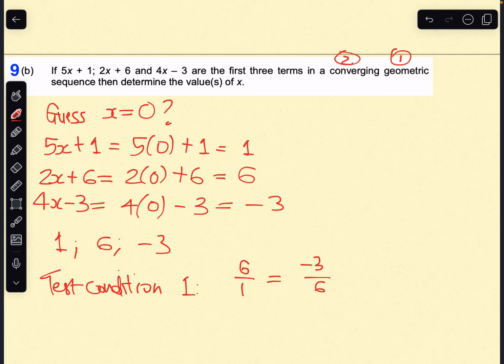Is the ratio between this term and this term the same as the ratio between this term and this term? And we can already see that it is not. 6 and -1/2 are not equal. So already, this thing has failed.